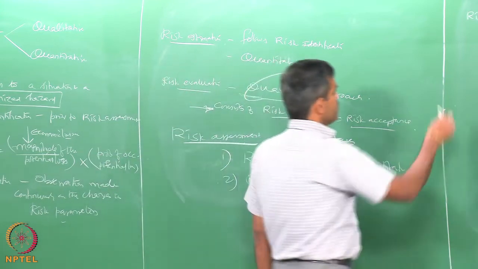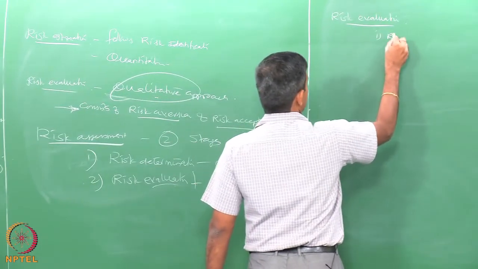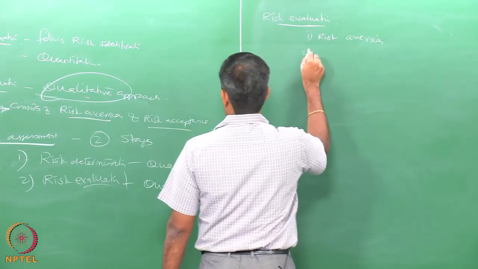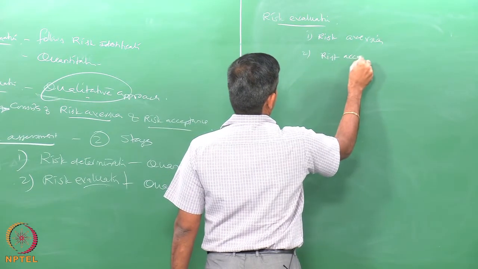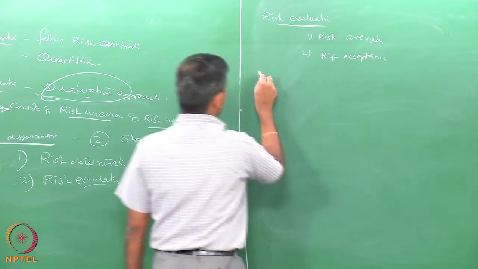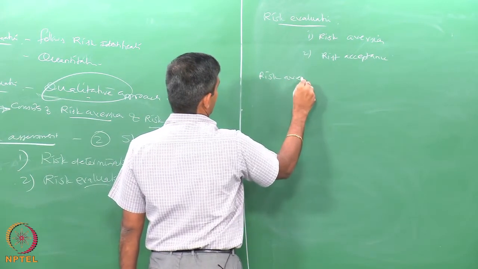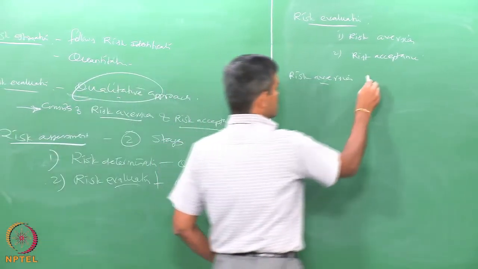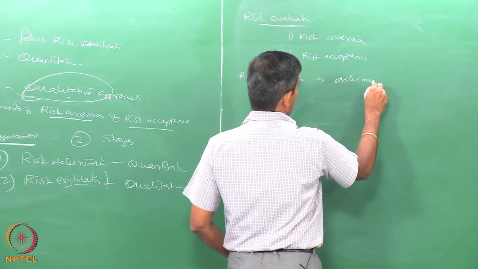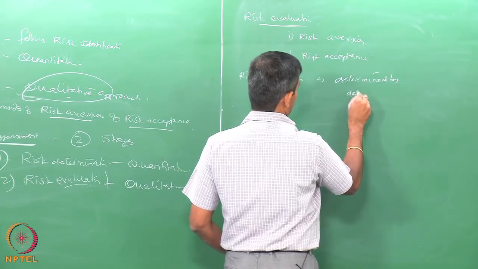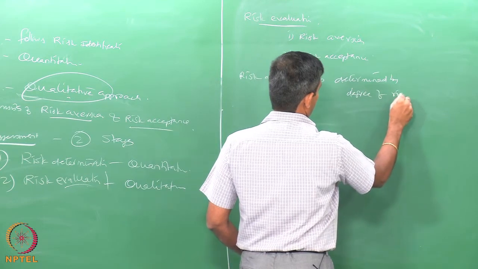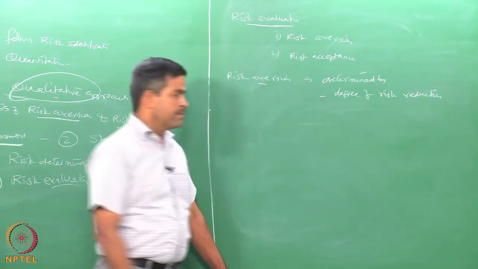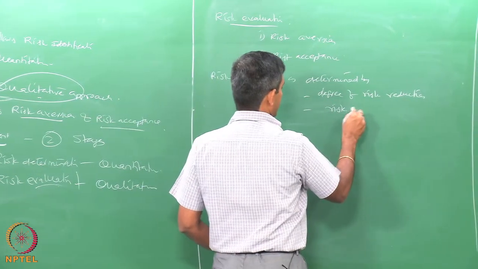Risk evaluation consists of risk aversion and risk acceptance. Risk aversion is determined by the degree of risk reduction and risk avoidance.